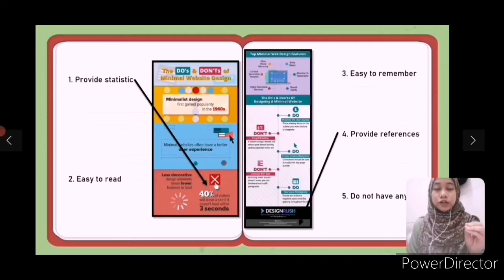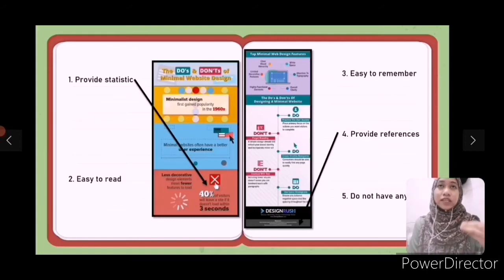Yes, this infographic provides statistics, but the statistic provided is in the form of percentage and only mentioned once. But for us, it is just nice for this kind of infographic to have a few statistics in it.